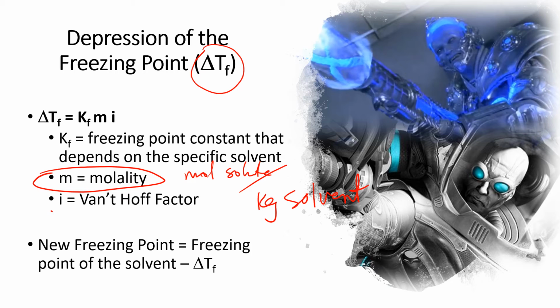And I is your Van Hoff factor that we talked about last lecture. So to find the new freezing point, you have to take the freezing point of the solvent, which I will give you, or something you should know, and subtract the delta TF to get your new freezing point. And your units will be degrees Celsius that you're working with for temperatures.